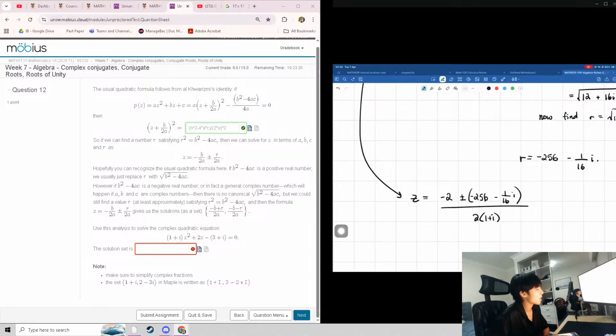Okay, if my a is also complex, so the coefficient a is also complex, is that fine? I'm guessing I don't need to do any manipulation.